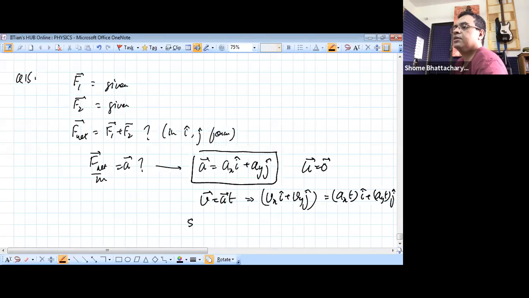And your displacement will become half a t square. So in component form, your displacement will have some x component and some y component. This will be x i cap plus y j cap. That will become half ax t square i cap.